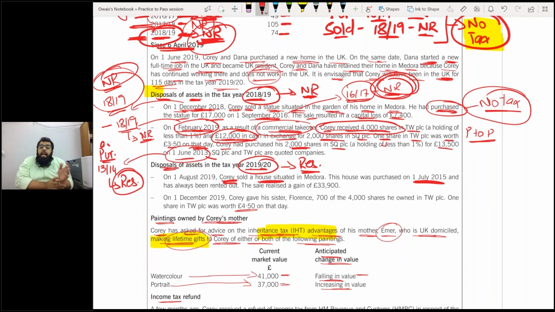Now, at the time of takeover, the cash portion will get chargeable. But the problem is that at that time we were non-resident. So if we were non-resident, then what will happen?